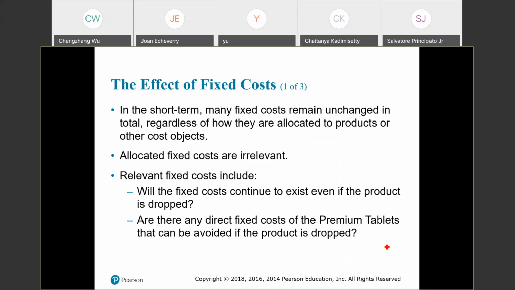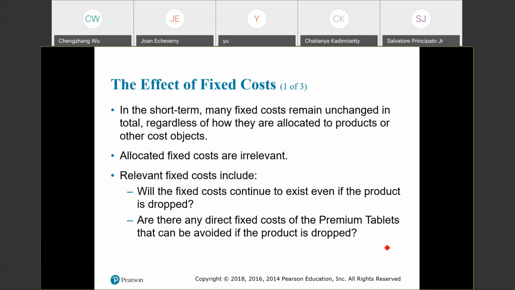One of the factors is the effect of fixed cost. As you learned in the previous chapters, this company could allocate fixed costs in many different ways. And each way would allocate a different amount of fixed cost to each product.